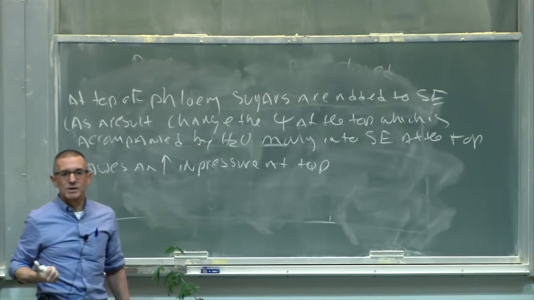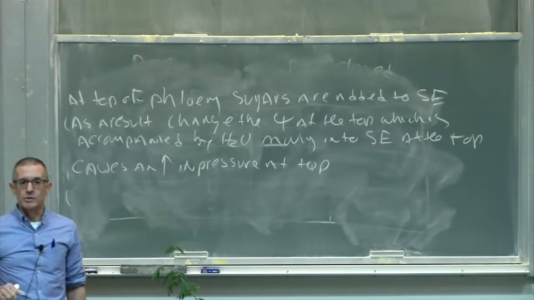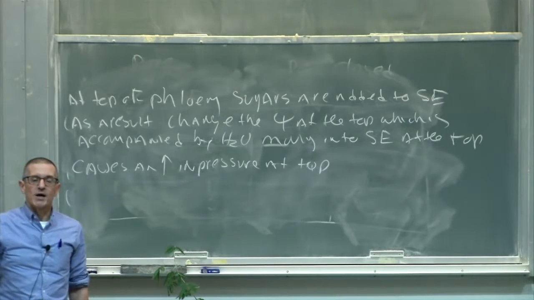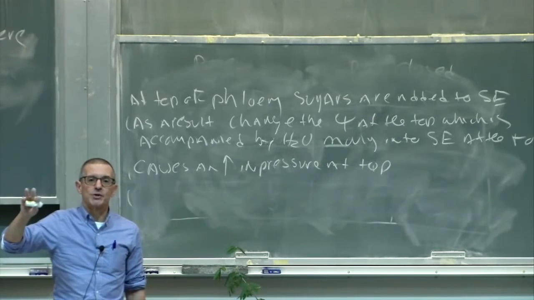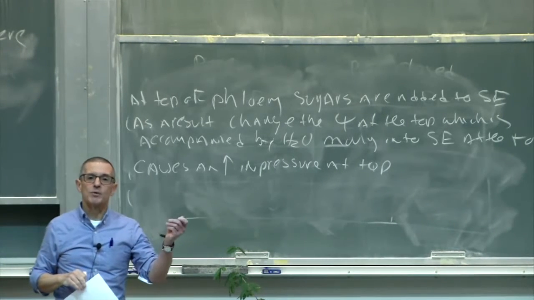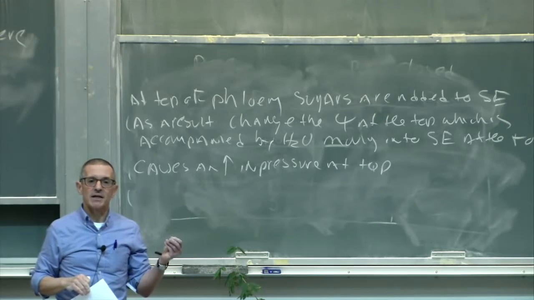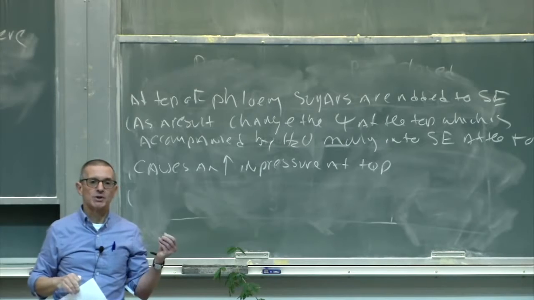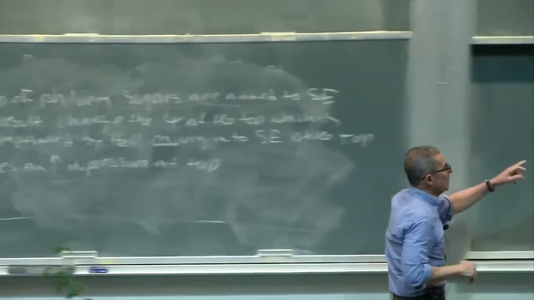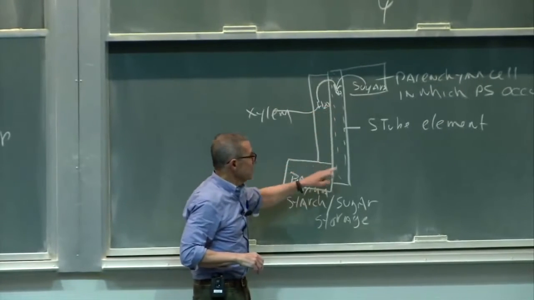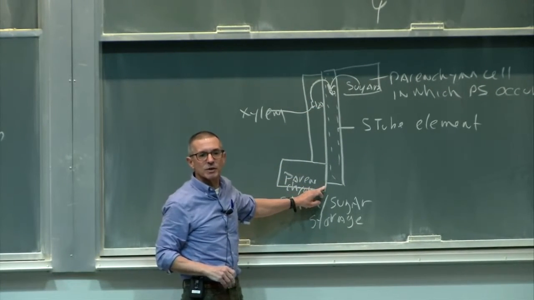Now, what I want to do is to take you to an example that you're all familiar with, which is a garden hose. If you take a hose and you turn it on, there's pressure at the place you turn the hose on, and at the end of the hose where the water comes out, the pressure is reduced. Well, this is exactly the same situation which is occurring in the phloem. We have high pressure at the top because we're changing the pressure down at the bottom. How are we changing the pressure at the bottom?